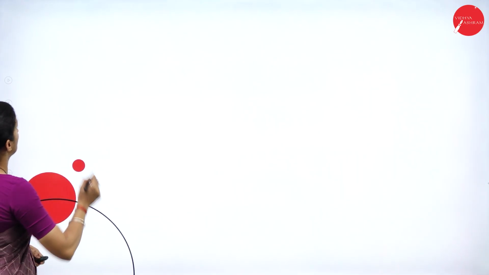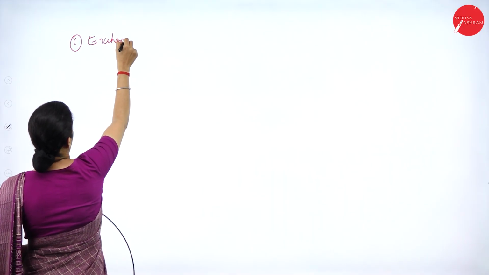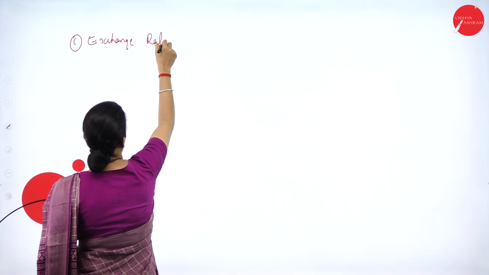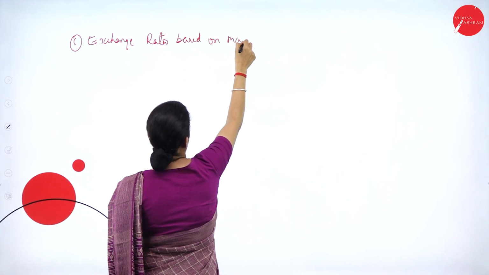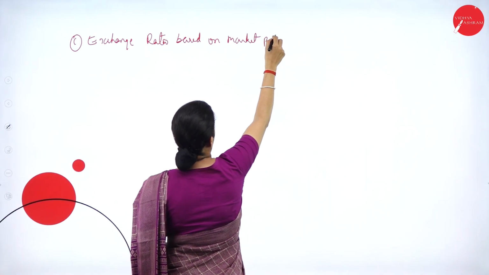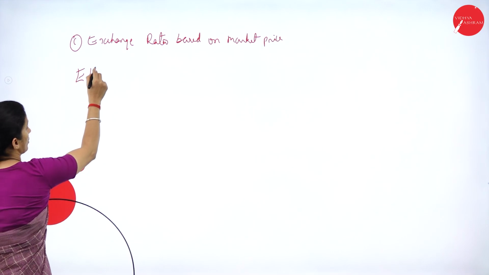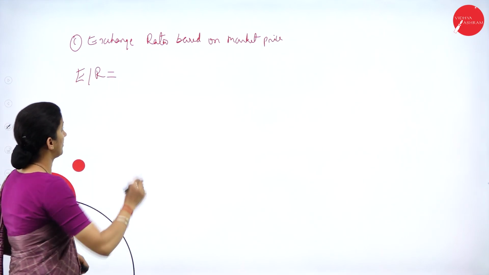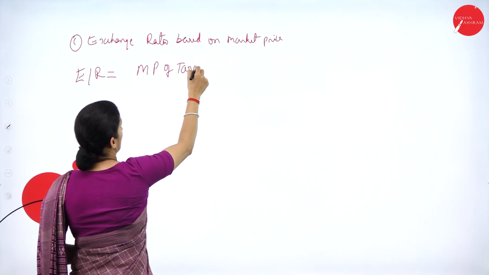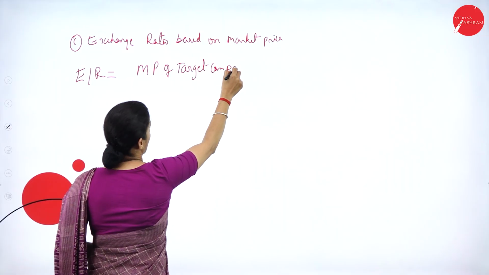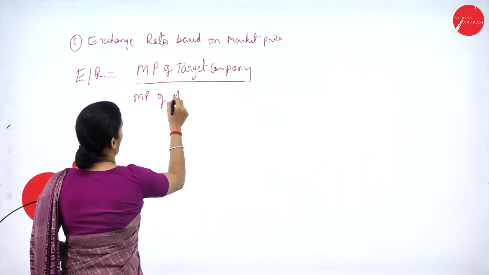So here we'll calculate next, C, exchange ratio based on market price. So under the exchange ratio based on market price, your formula will become the market price of the target company divided by the market price of the acquiring company.